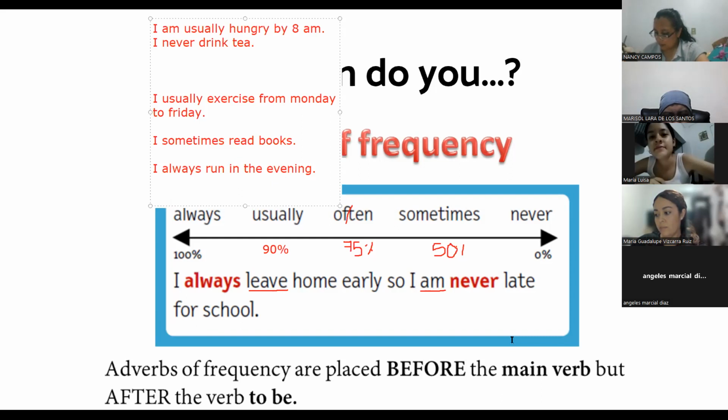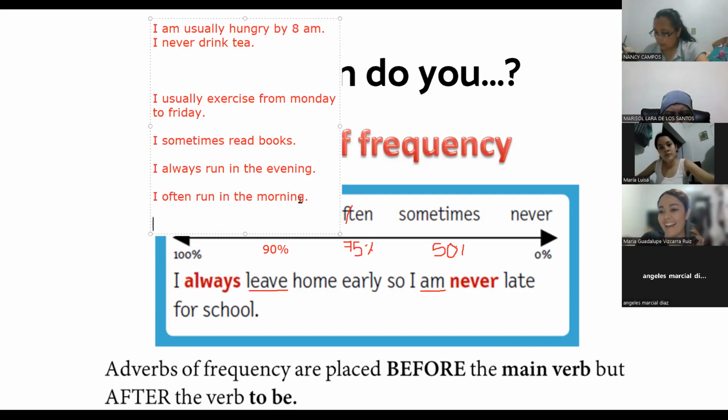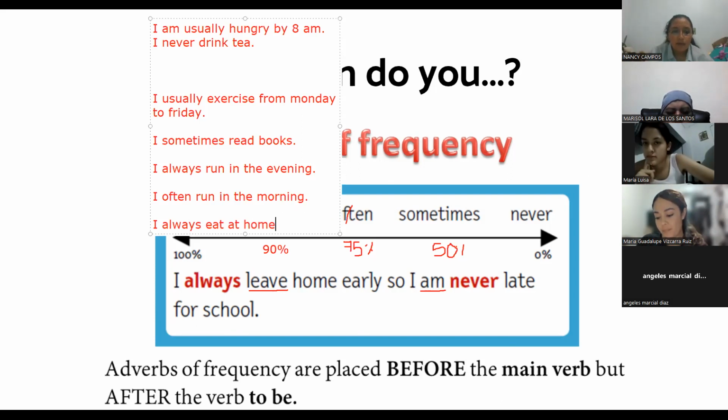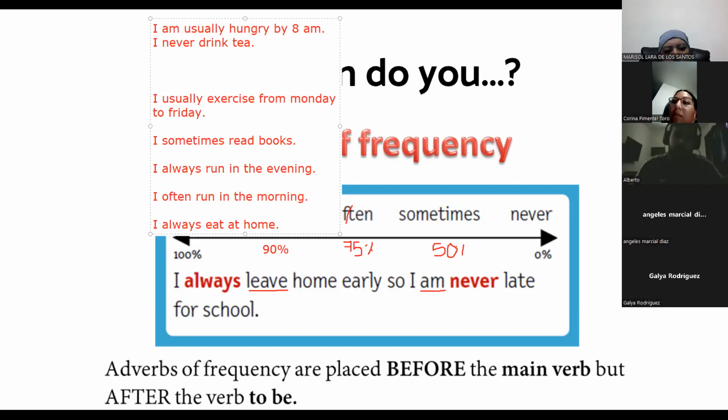Excellent. Lupita, one more. I often run in the morning. I like fun. Yes, fantastic. That's fine. Nancy, last one. I always eat at home para ahorrar because the inflation is crazy, you guys.